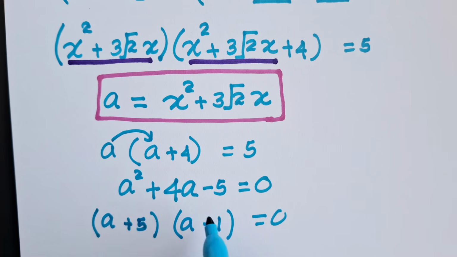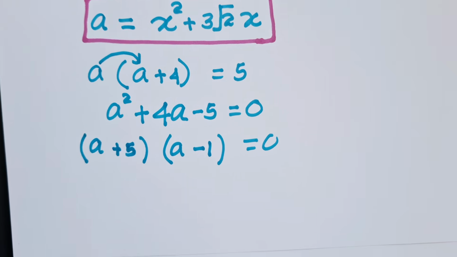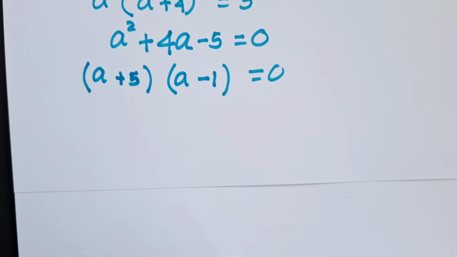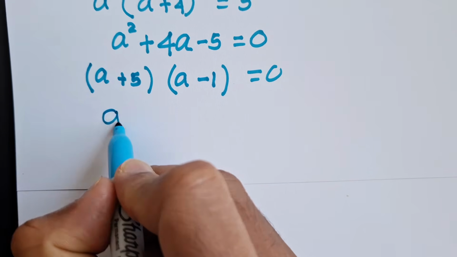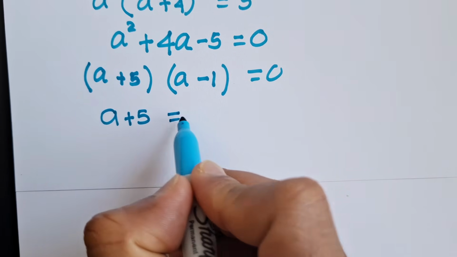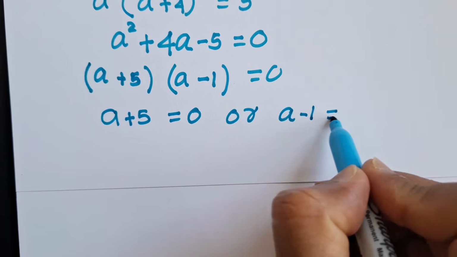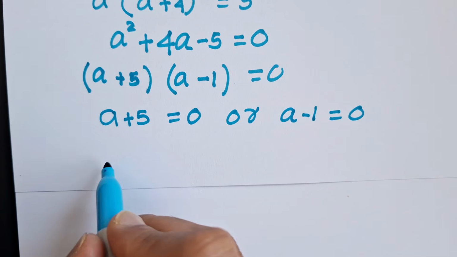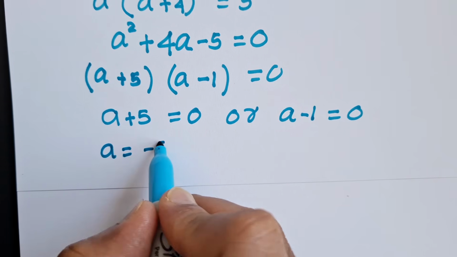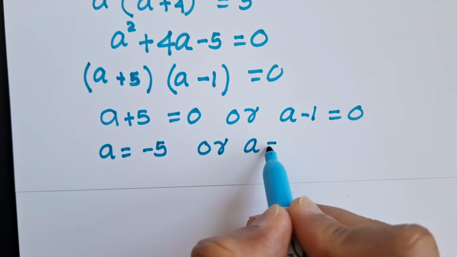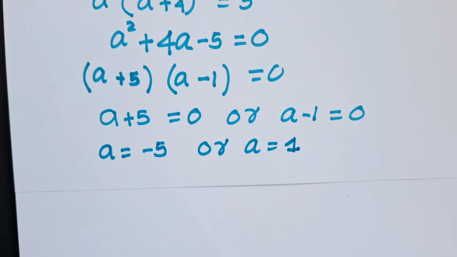Clearly we can say that the numbers are plus 5 and minus 1. So now I can rewrite a plus 5 is equal to 0 or a minus 1 is equal to 0. So from here I can have the answer for a, which is a is equal to minus 5 or a is equal to plus 1.